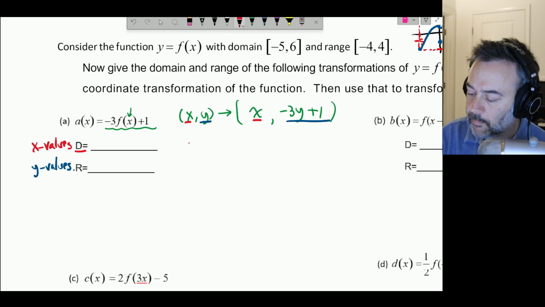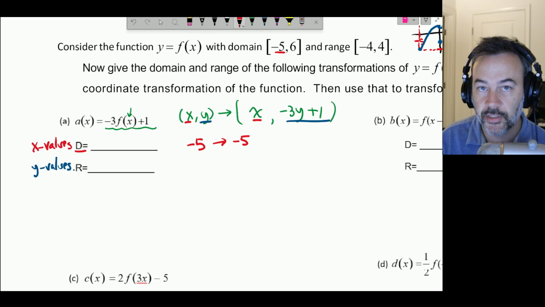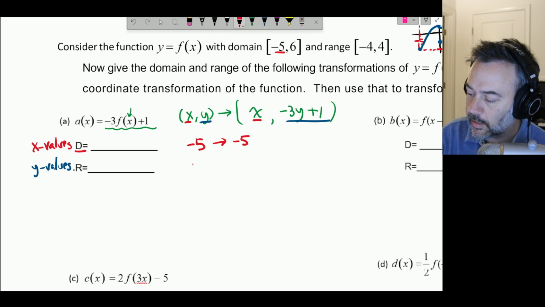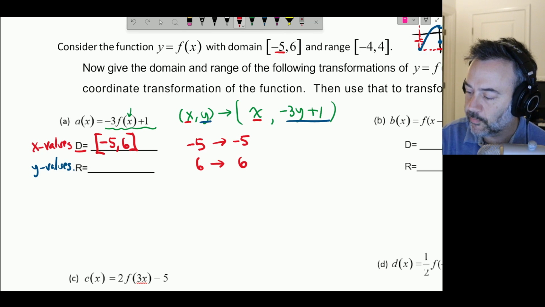-5 is the min of the domain, and that just maps to -5 because the x transformation does nothing. And the 6 maps to 6, so the domain actually stays the same, -5 to 6. What about the range?